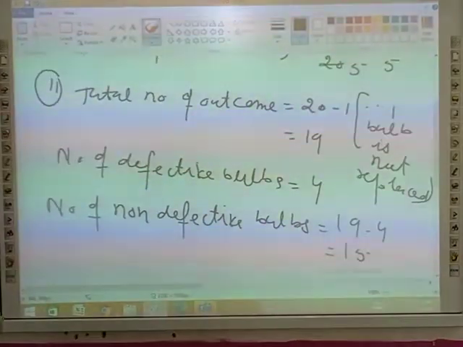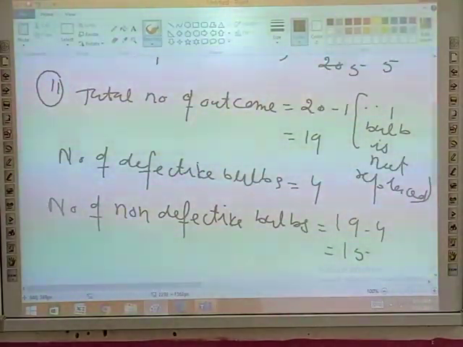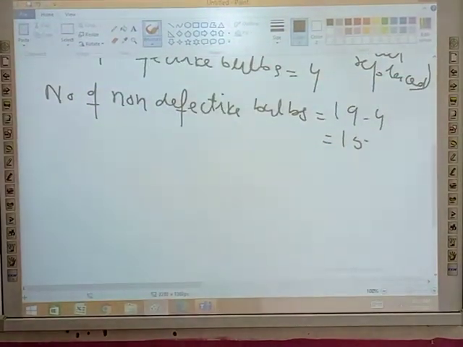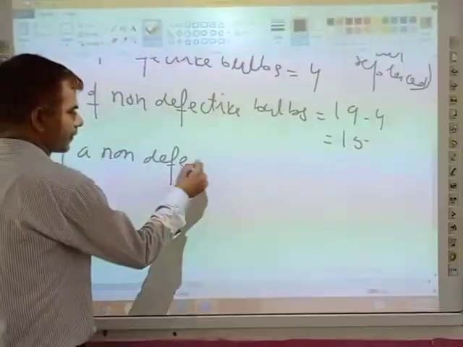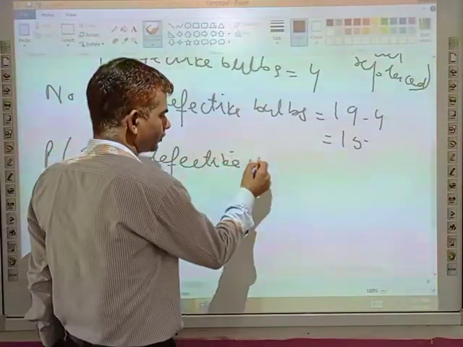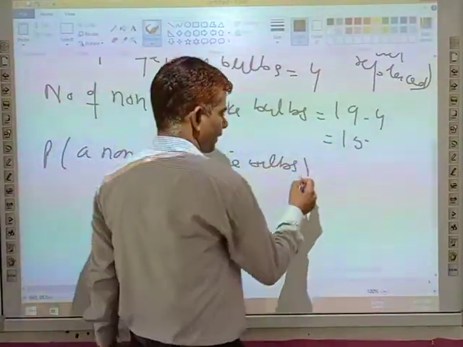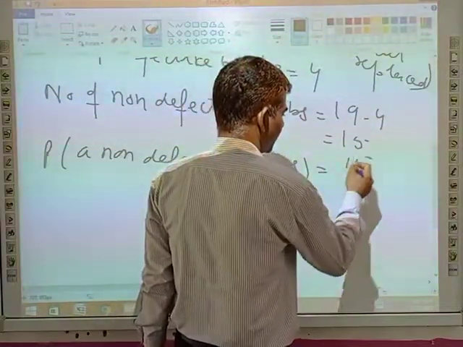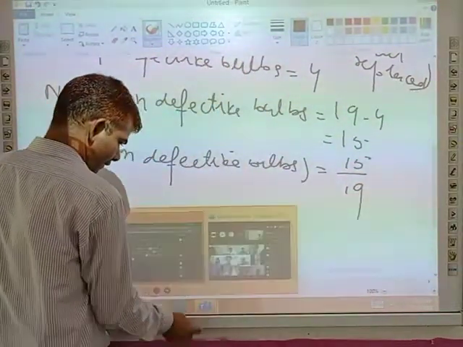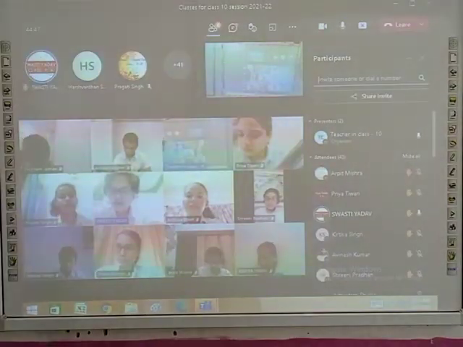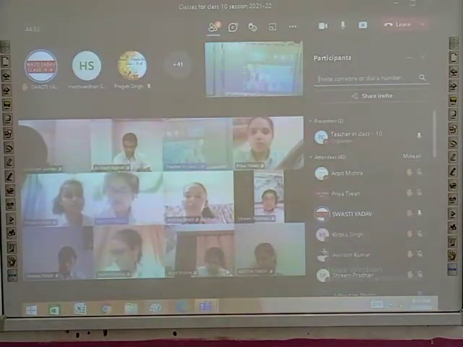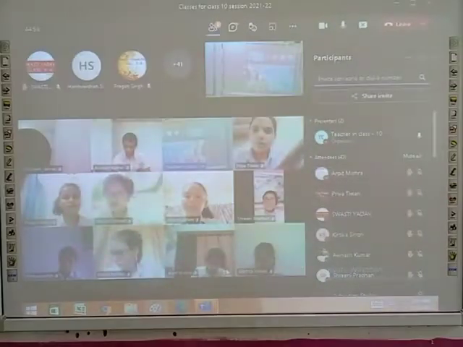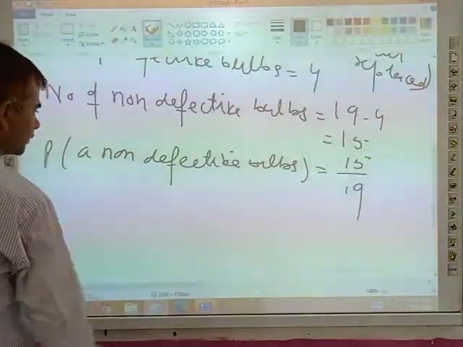Probability of a non-defective bulb is 15 by 19. So the bulb we have taken out was defective. In the second part, what is the probability that the bulb is non-defective?